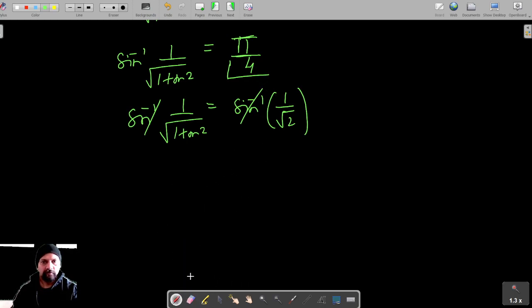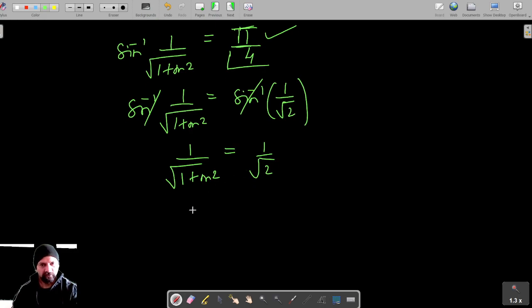So sine inverse 1 by root 2 is pi by 4. It's not sine inverse 1, sorry. So this is now 1 upon under root of 1 plus m square, that is 1 by under root 2. If I square on both sides, this gives me 1 plus m square equal to 2. So m square is equal to 2 minus 1, which is equal to 1.